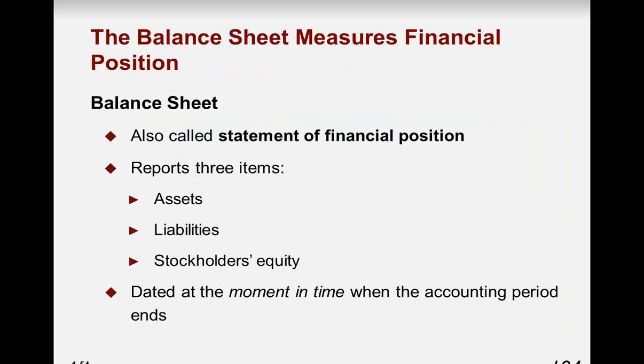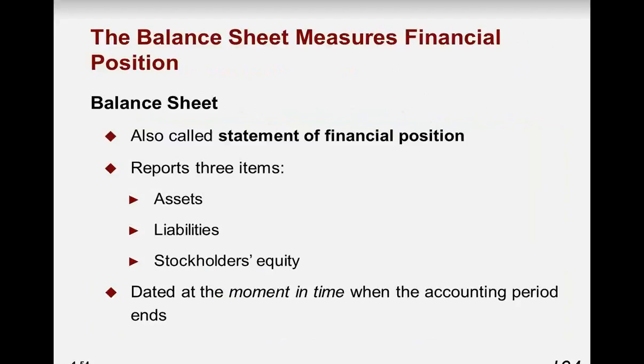The balance sheet measures financial position, so it can also be called a statement of financial position. It reports three items: your assets, liabilities, and stockholders' equity, and it is dated as a moment in time. You often hear it referred to as a snapshot in time.